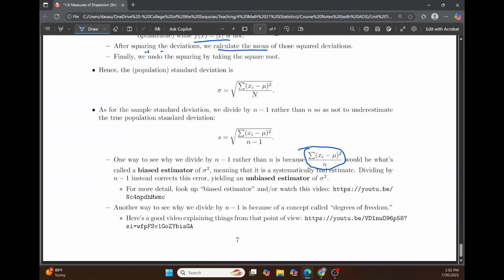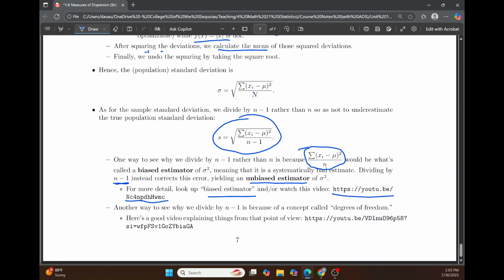And so if you're interested, you could Google biased estimators, right? But what that means is that it's just a systematically bad estimate. Dividing by n minus 1 instead turns out to correct for that error, so that when we divide by n minus 1 here, we get an unbiased estimator, right? So you could Google biased estimator, or you could watch this video, which gives a fairly decent explanation of that.